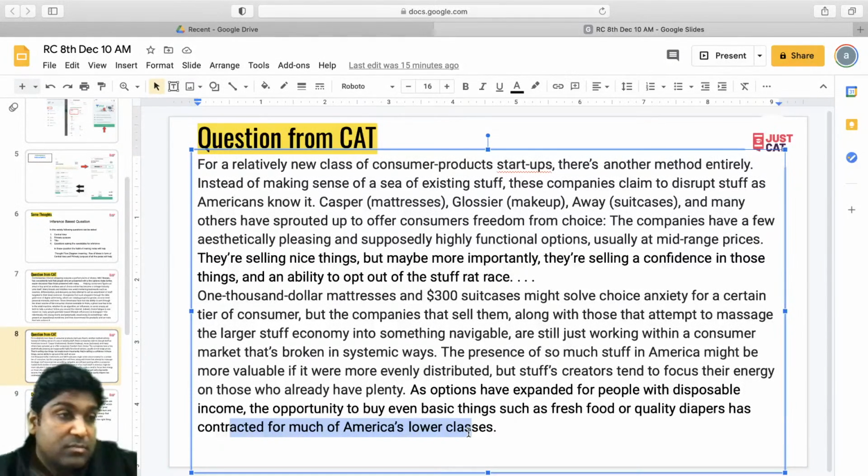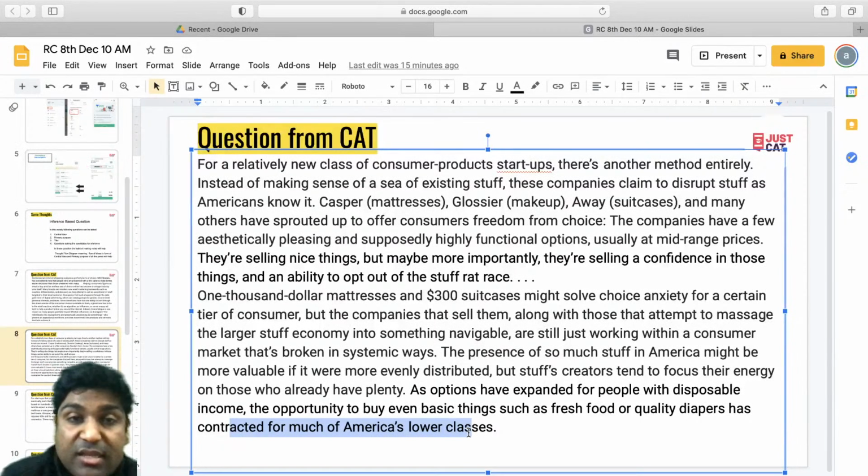I think providing goods or the things which they can use to all sections of society can be helpful for a lot of people.